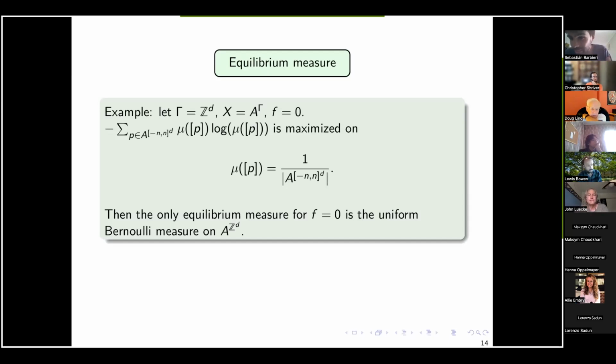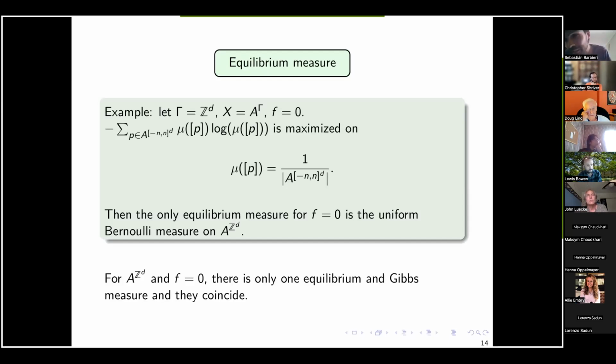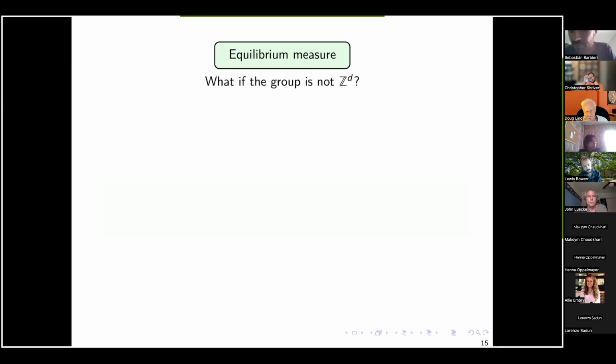And the full shift is very mixing and is a subshift of finite type, so it satisfies the two conditions I mentioned before, the Bowen and Lanford-Ruelle. So equilibrium and Gibbs measures coincide on A to the Z to the D, for F equal to 0. Not surprising.